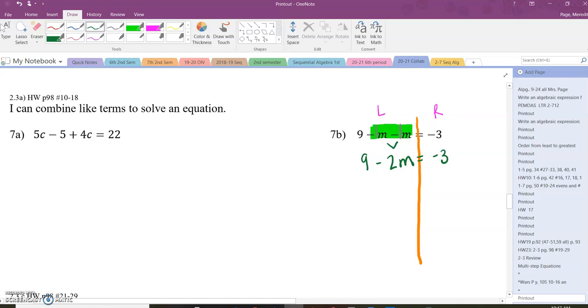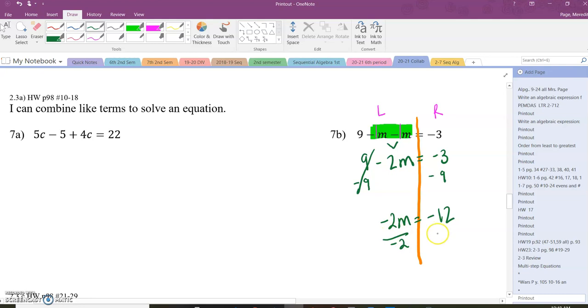Now, I have a two-step. So I need to move over that positive 9 and combine it with negative 3. So let's go ahead and do that. I'm going to minus 9, cancel. Make sure when you bring down the negative 2m, you're attaching the negative. Negative 2m equals negative 12. Now that's negative 2 times m, so the opposite is to divide.